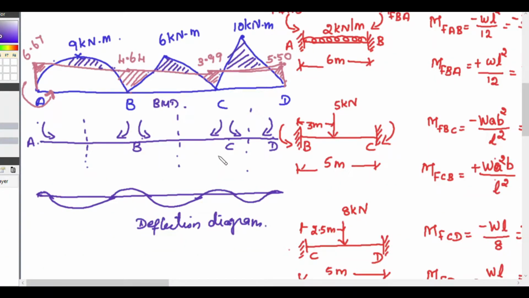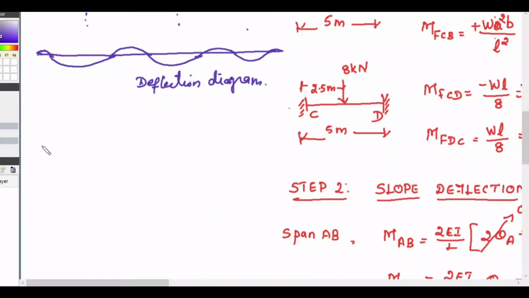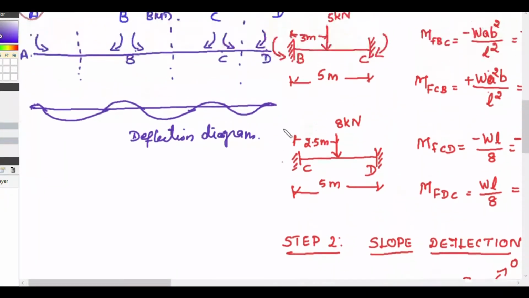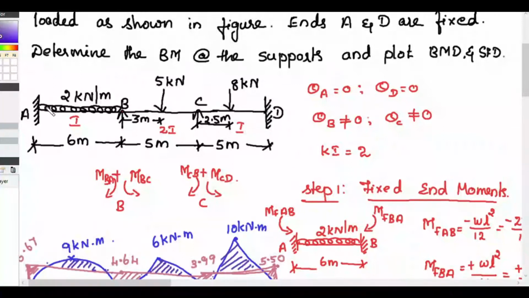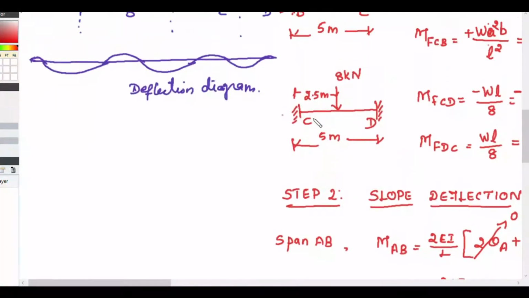Now we will see how to determine the shear force, right? So for determining the shear force, we will draw the moment also. In addition to this given figure, we will mark the bending moments that we have found.